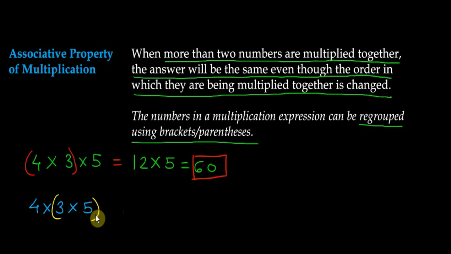So let's see what answer we get. 4 multiplied by 3 times 5, which is 15, gives us 60. So again we got the same answer, 60. Therefore we can say even though the order in which more than two numbers are multiplied together is changed, we get the same answer. So this is our associative property of multiplication.